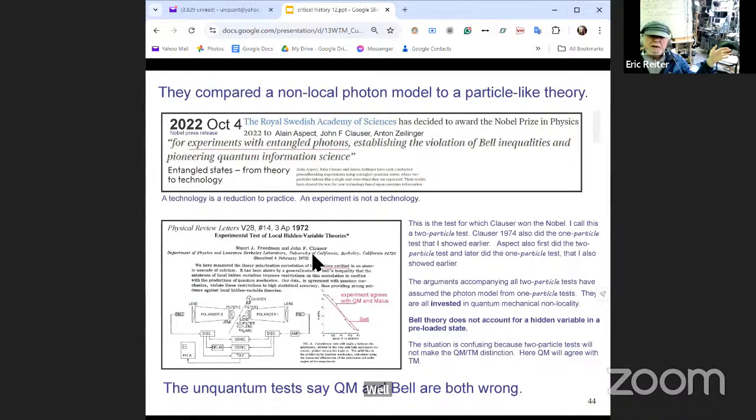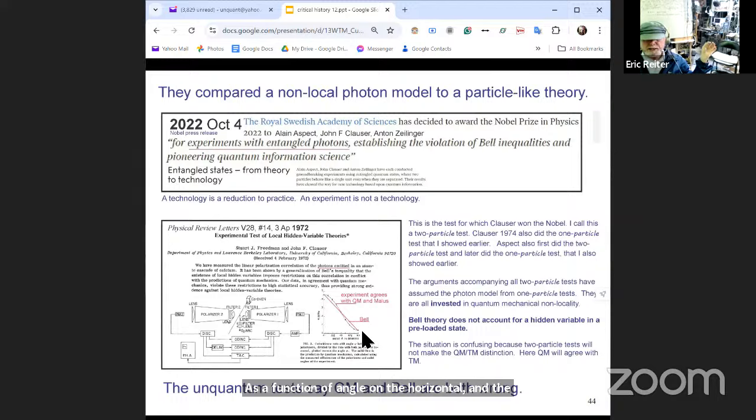done by Freedman and Clauser, the experiment comparing the Bell, you all know this. I'll just say it anyway. The relationship between the angle of polarization in a coincidence experiment will be a curve, as a function of angle on the horizontal and the number of coincidences on the vertical.